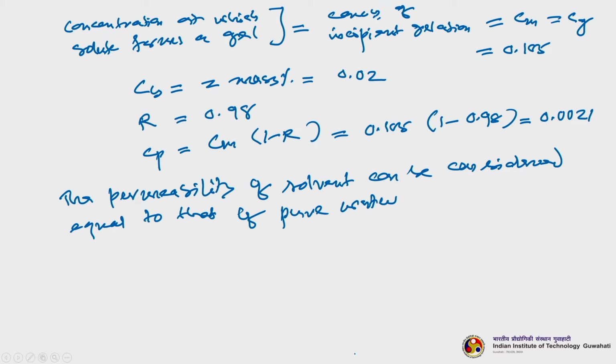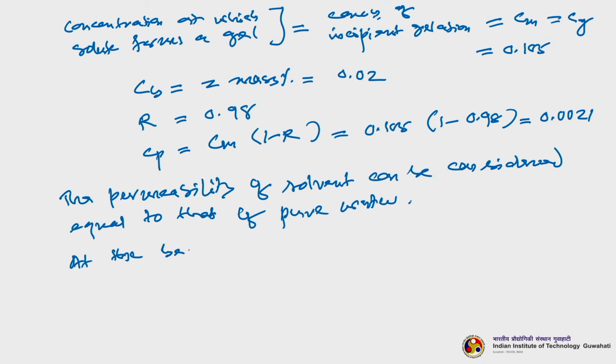Why? Because it is being told that no fouling of the membrane has taken place. So, at the beginning of gelation, when concentration polarization starts, the gel layer formation is actually starting.